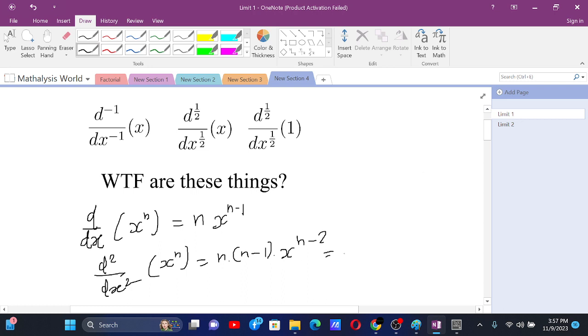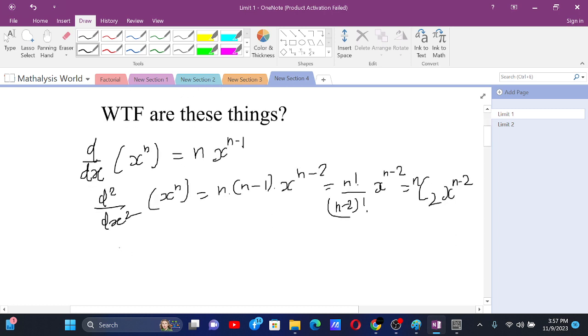So this is n factorial by (n minus 2) factorial times x to the power n minus 2. That is just nC2 times x to the power n minus 2.